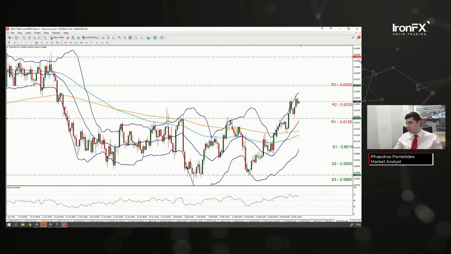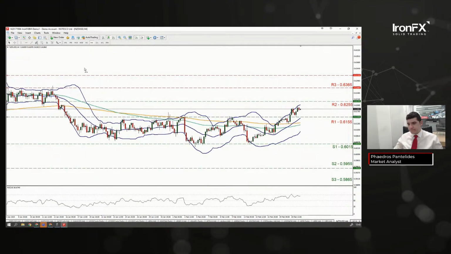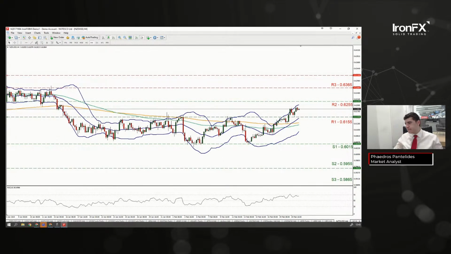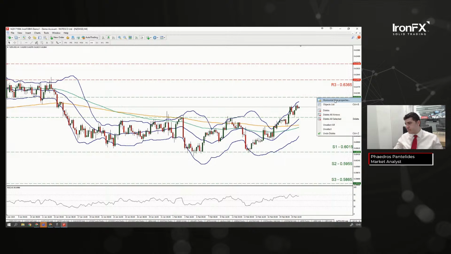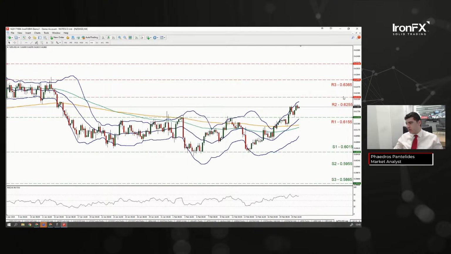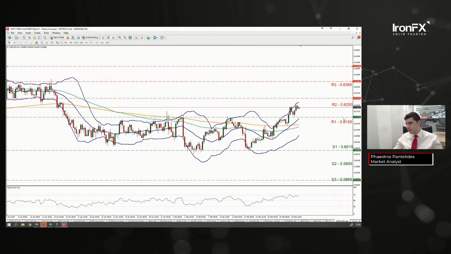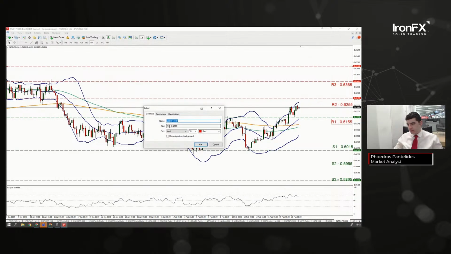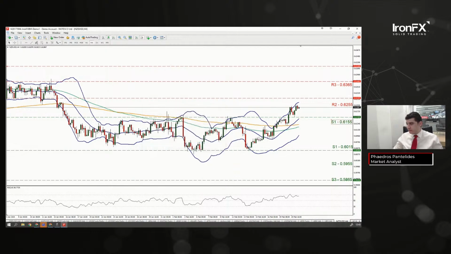So that's my R3. So simply taking you through my thought process for our resistance level at R3. Some of you may agree, some of you may disagree. That's fair. We're all entitled to an opinion.